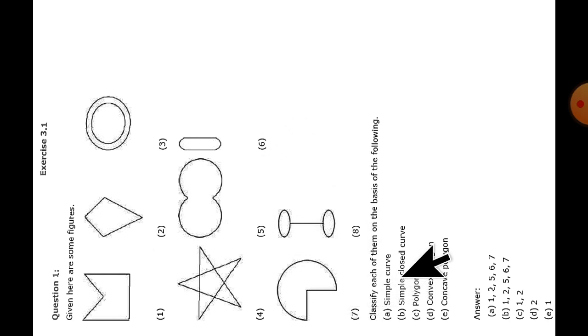Similarly, simple closed curves are 1, 2, 5, 6 and 7. Then polygons are 1 and 2, the convex polygon is number 2 and the concave polygon is number 1.